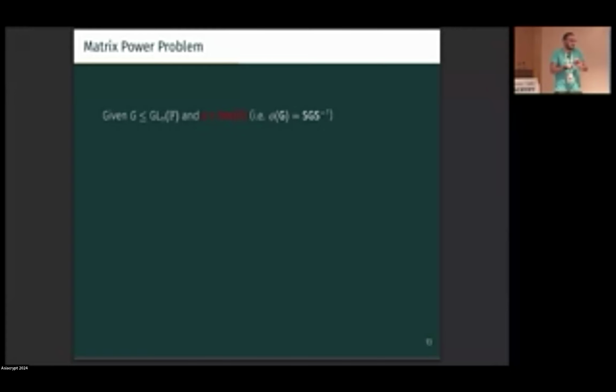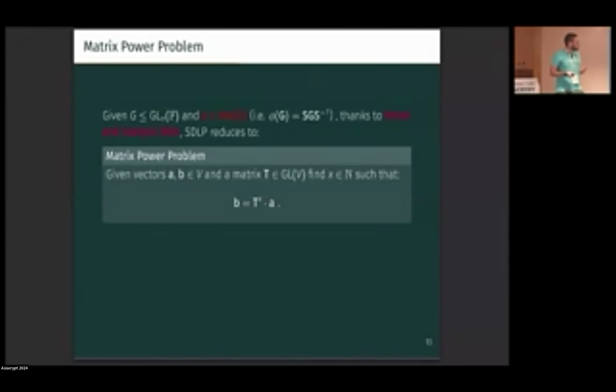That means it's a conjugation, so a multiplication on the left by one fixed group element, and on the right by the inverse of this fixed group element. In this case, it was shown in this paper, by Ram and Livanos, that essentially the problem, by using the vectorization of these matrices and some tensor product, reduces to this discrete-log-looking problem called the matrix power problem.